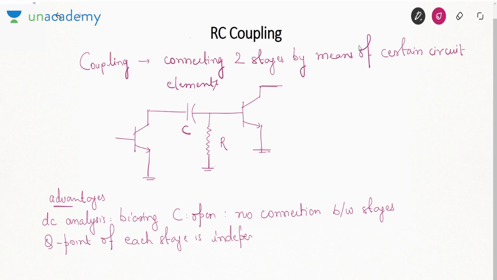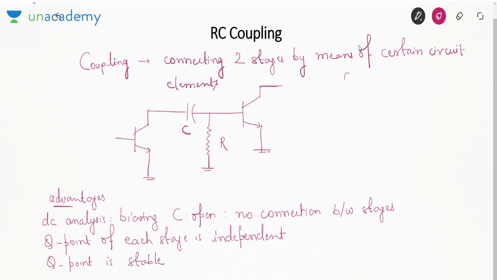Because the stages are not connected together when we are doing DC analysis, their Q points will be separate. There will be no relation between the Q points of the different stages. So that is called the Q point is stable. Why stable? Because the Q point will not fluctuate from stage to stage. Also, you can decide the Q point of any stage independently of the previous stage.